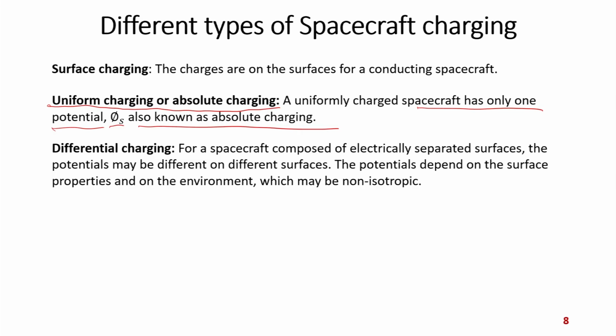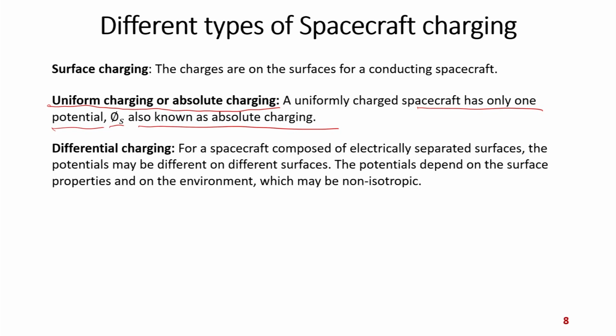In differential charging, the spacecraft is not a metallic structure, and it is neither a sphere nor symmetrical. Whatever we have seen in the earlier slide, it will have different materials. It can have conducting materials, it can have insulating materials.